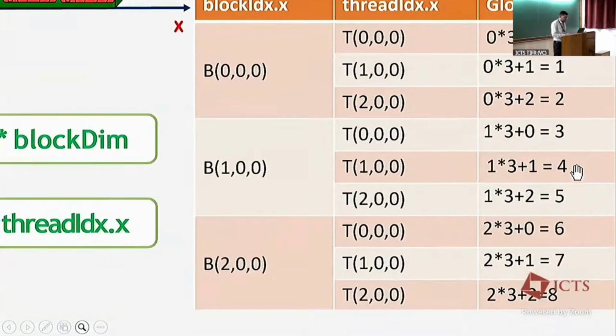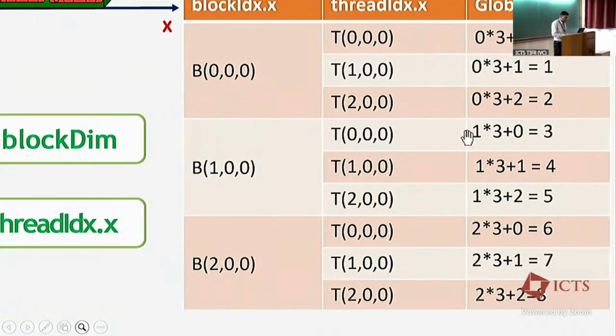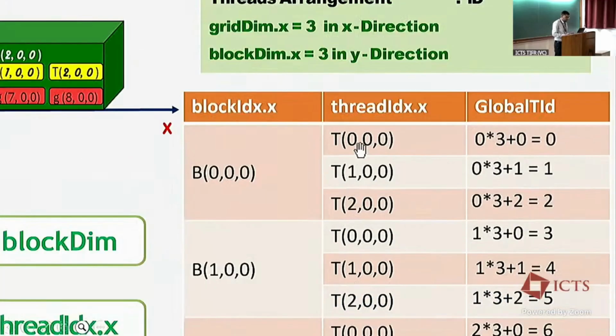Then we take the second block. The same process is followed: 1 into 3 plus 0, where the block ID in the x direction is 1, into the block dimension plus the ID of the thread, right? So it becomes 3, 4, 5. The local IDs are 0, 1, 2.